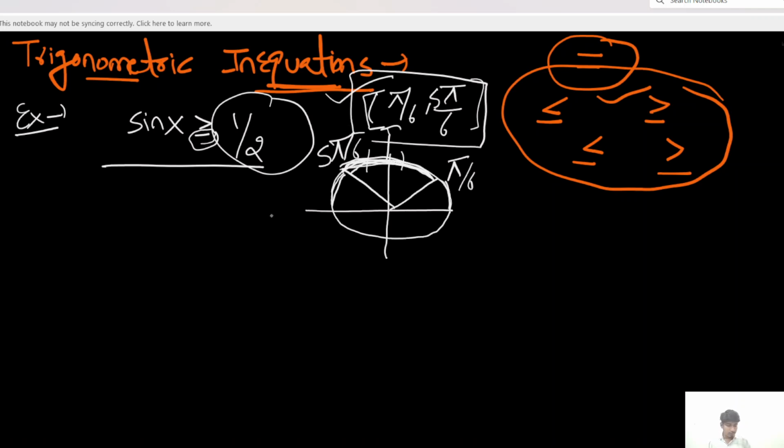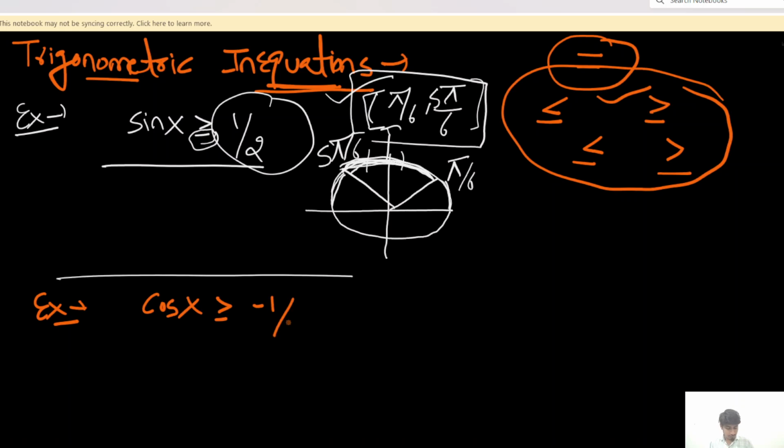Now we do more questions. What is our next question? The next example is cos x is greater than or equal to minus half. Students, you can see this is our circle.